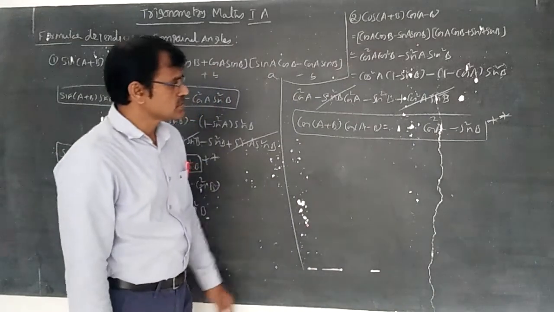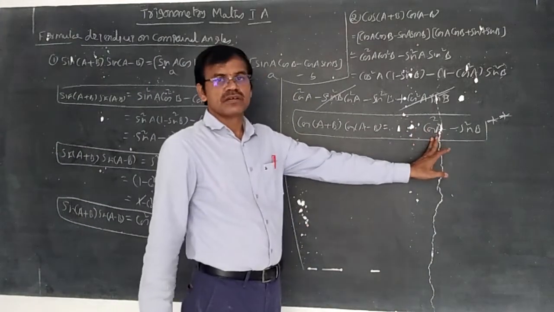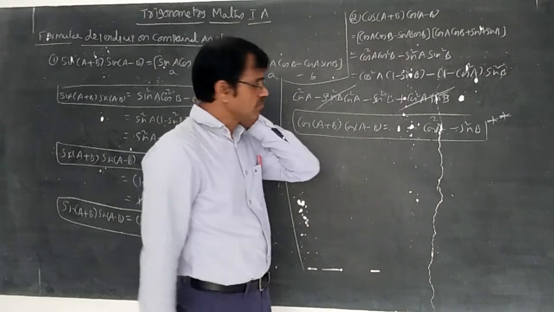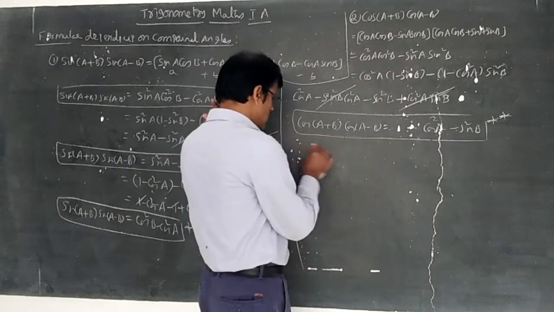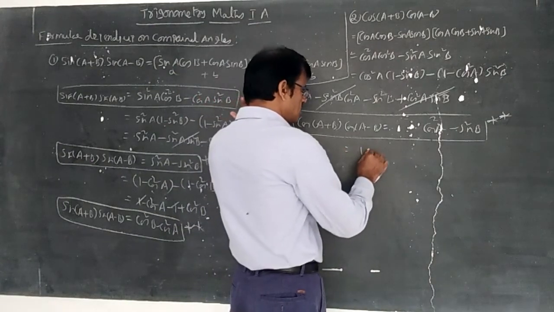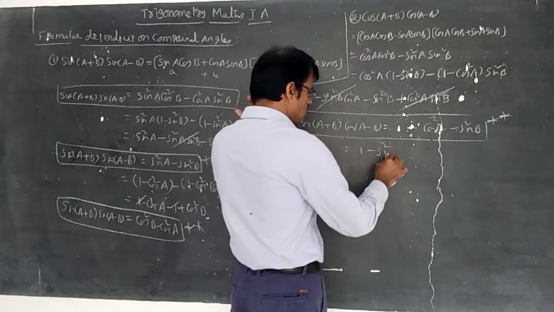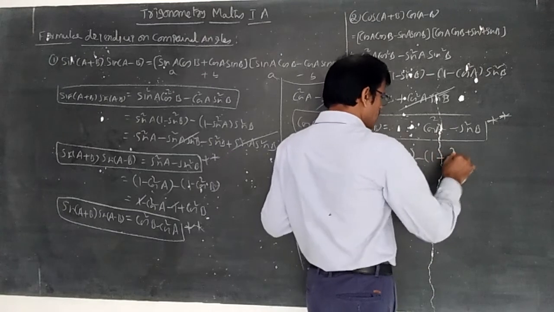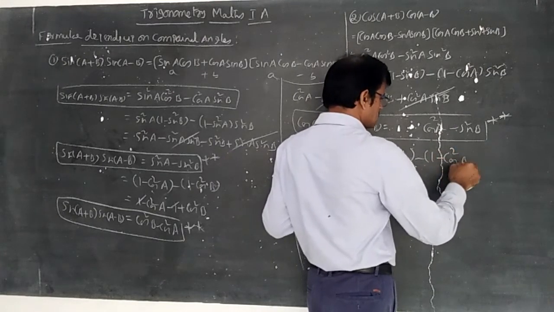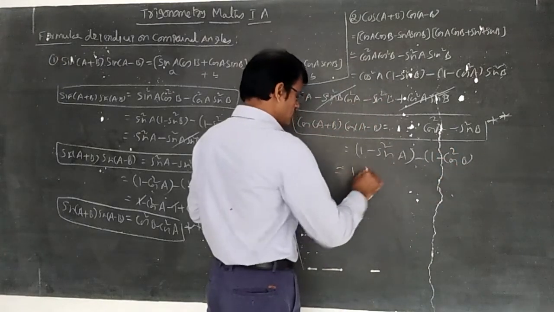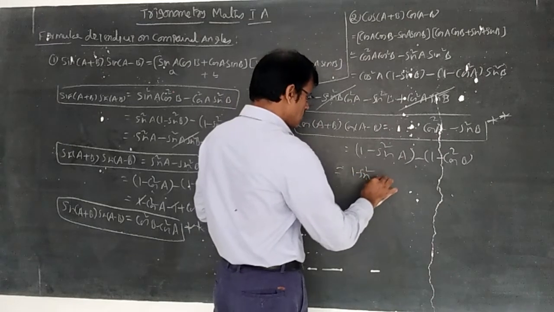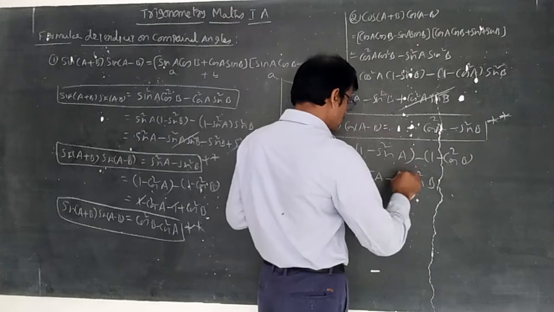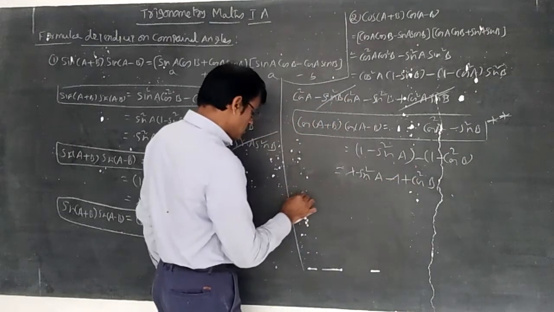And depends upon this one, let us write instead of cos square A 1 minus sin square A and instead of sin square B 1 minus cos square B. Next one I am writing instead of cos square A write 1 minus sin square A bracket minus of 1 minus this is cos square B. So that is equal to 1 minus of sin square A minus 1 plus cos square B. 1 minus 1 get cancelled.